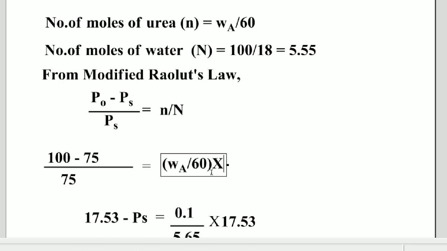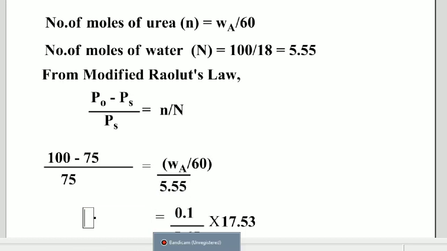So we can write: small n by capital N is equal to Wa by 60 into 1 by 5.55, or you can write it like this: Wa by 60 into 5.55.